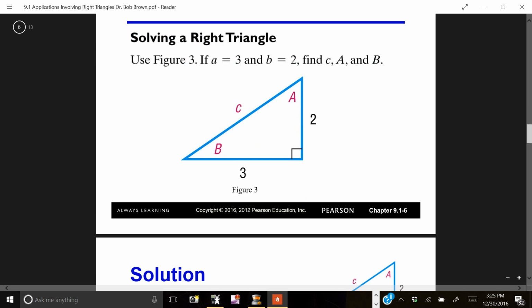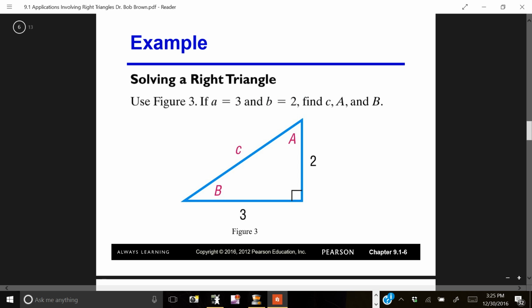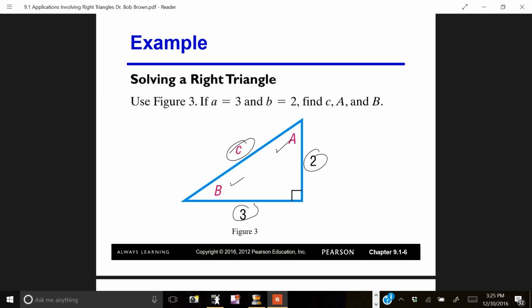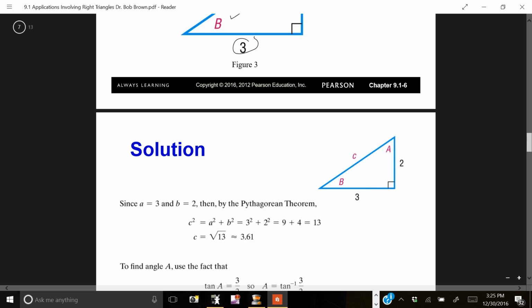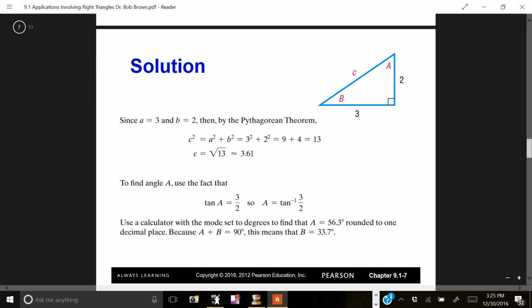Now, next problem, we've got a right triangle in which we're given two sides, and we want to find the other two angles plus the hypotenuse. So the first thing we do is use the Pythagorean theorem to find c. c squared is equal to a squared plus b squared, with a equal 3 and b equal 2.